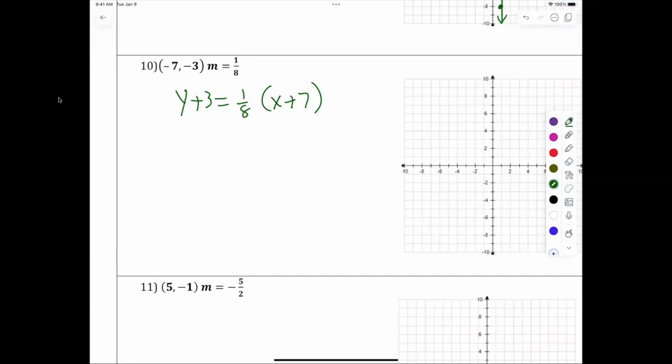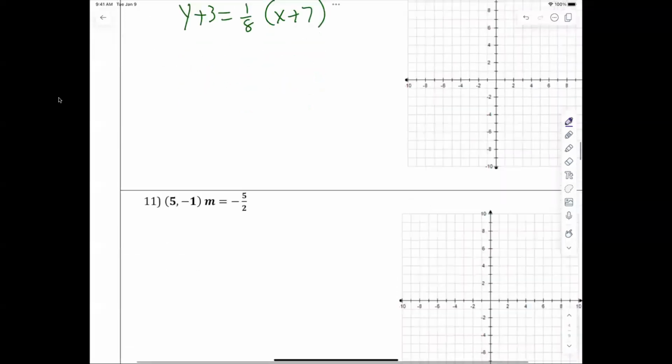Yeah, -7, -3. And then what? Yes, perfect. -7, -3. Plot a point. Up 1 over 8. Anybody have any issues with that?